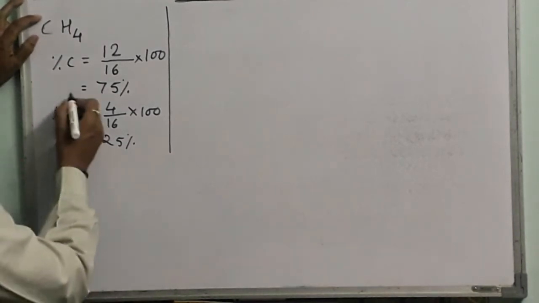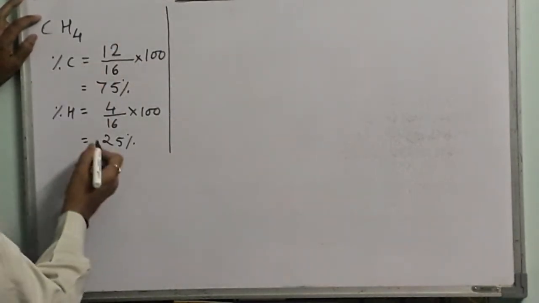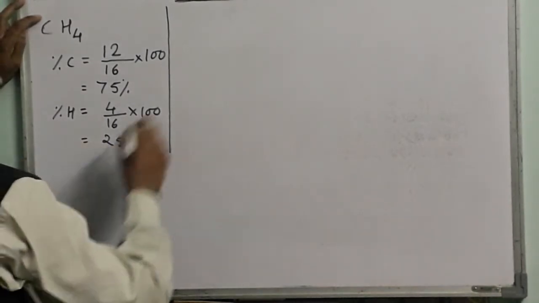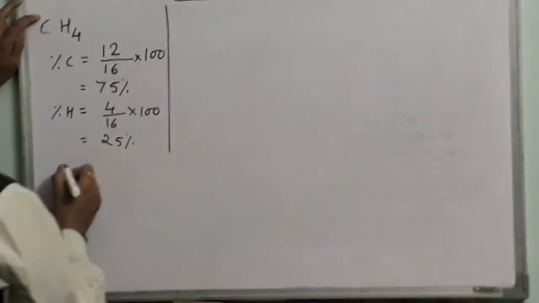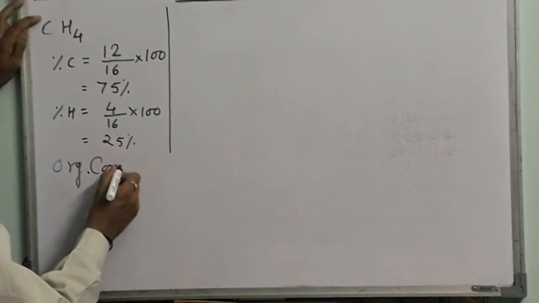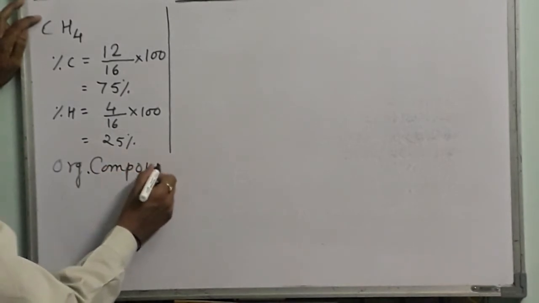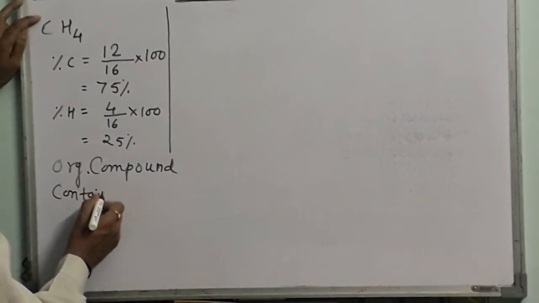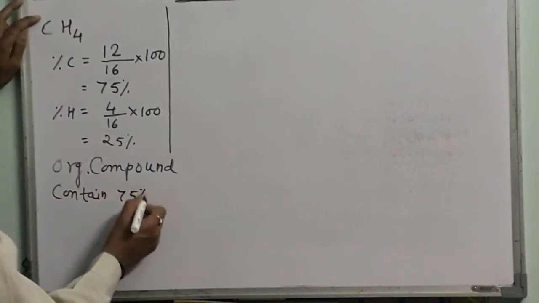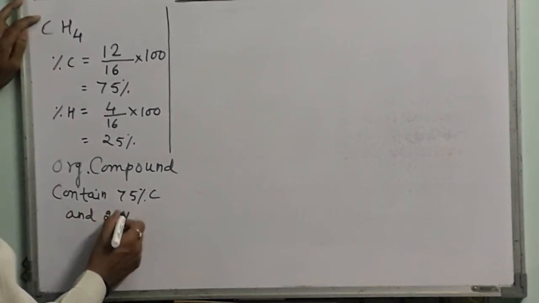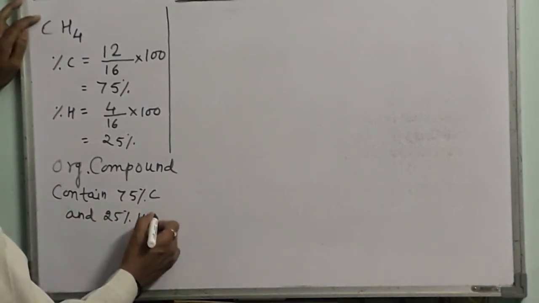So the same data can be treated as a problem in empirical formula. So if somebody says, or the problem given is like this: a given organic compound contains 75% carbon and 25% hydrogen.